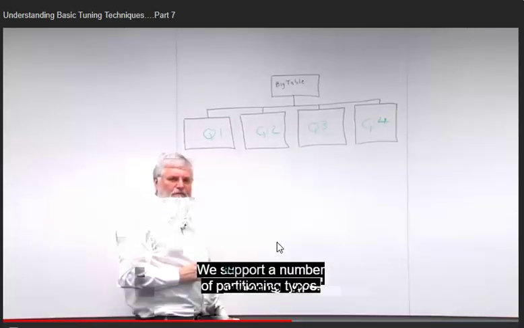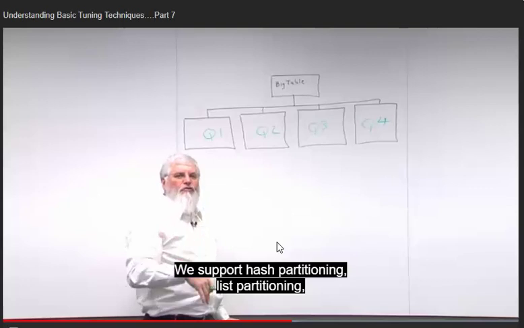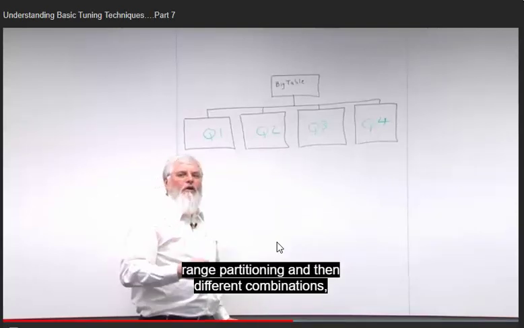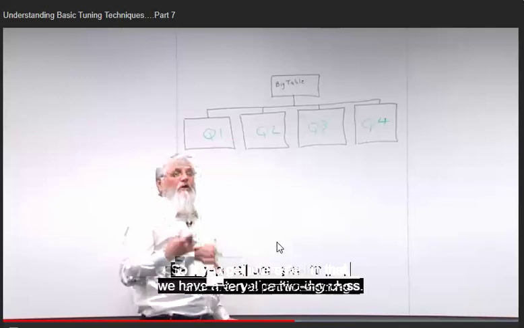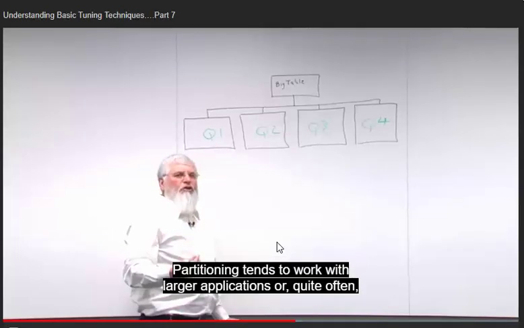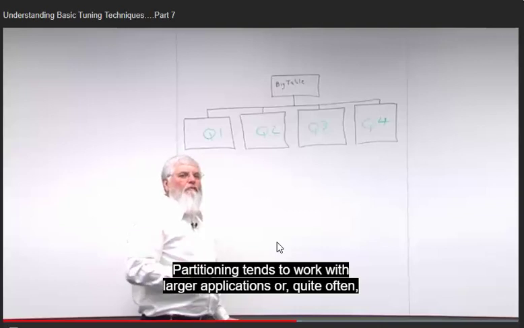So if you get interested in that, we have a very nice 2-day class. Partitioning tends to work with larger applications, quite often data warehousing, but we have a very nice 2-day class on partitioning that talks about all the partitioning options for the tables and indexes and how the optimizer can take advantage.